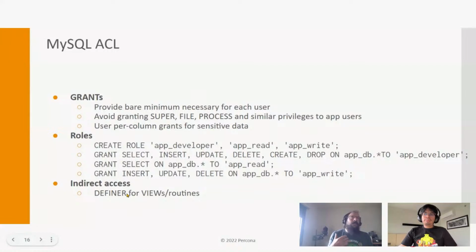So basically, when you do SELECT from this view, and that view was defined by the privileged user, you are running with the privileges of that user for the context of that view. So this is another way to limit privileges for people, while at the same time allowing them to access somewhat privileged data in a controlled way.